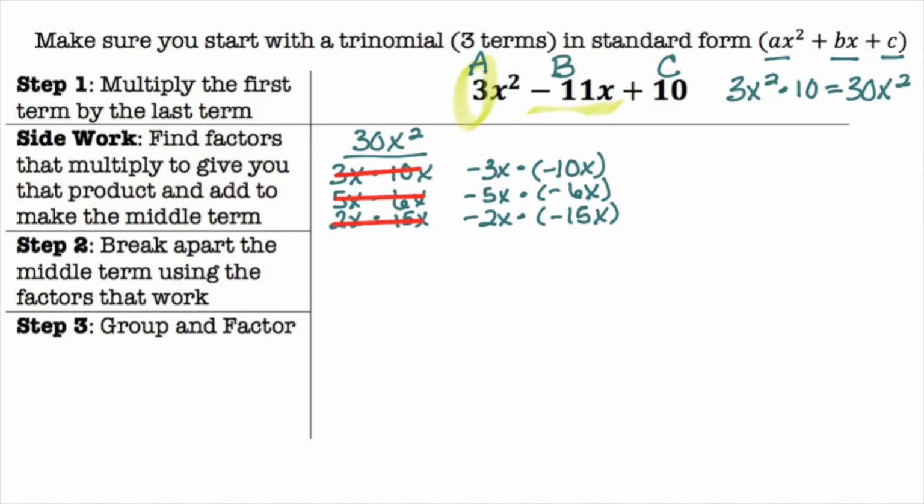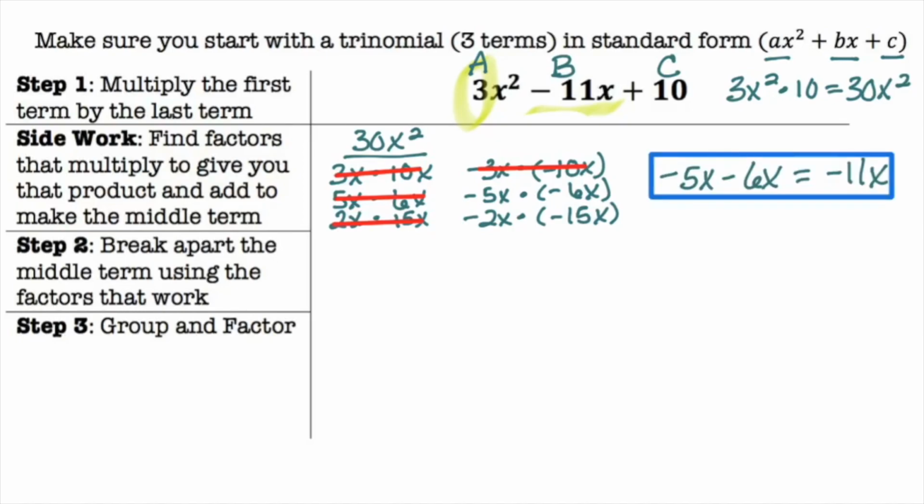We're getting closer, but that's not it yet. And then we have negative 5x plus negative 6x, which is your negative 11x. And just to make sure, negative 2x plus negative 15x would be negative 17x, so that doesn't work. So now we know our two factors, which are negative 5x and negative 6x.